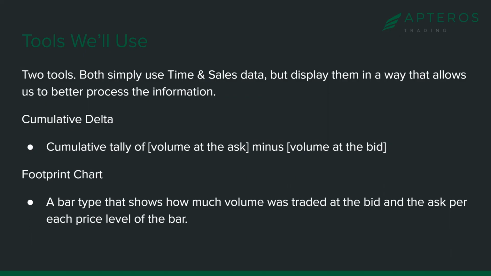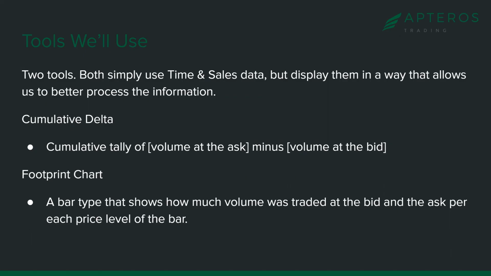So the more positive that cumulative delta number is, the more buyers are being aggressive. So it goes up. We're lifting offers, volume at the ask, with less volume at the bid to subtract away from it. Therefore, the net aggressive order flow, the net cumulative delta, is the difference between ask volume and bid volume.